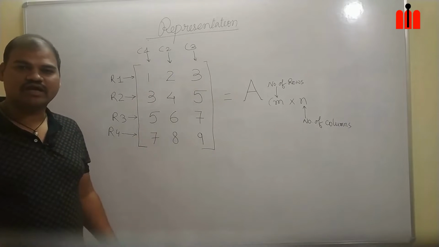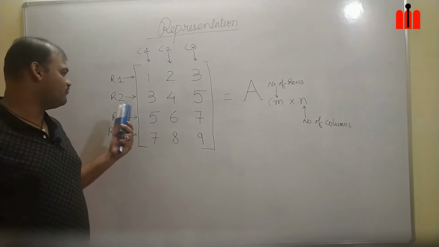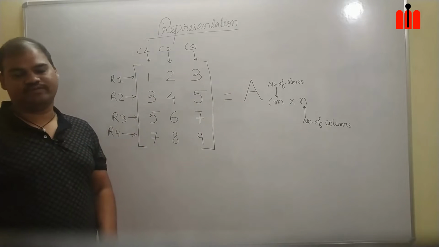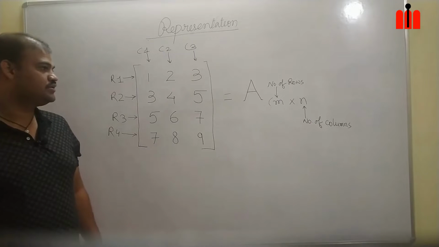Number of elements over here are 12 and 4 into 3 is 12, right?